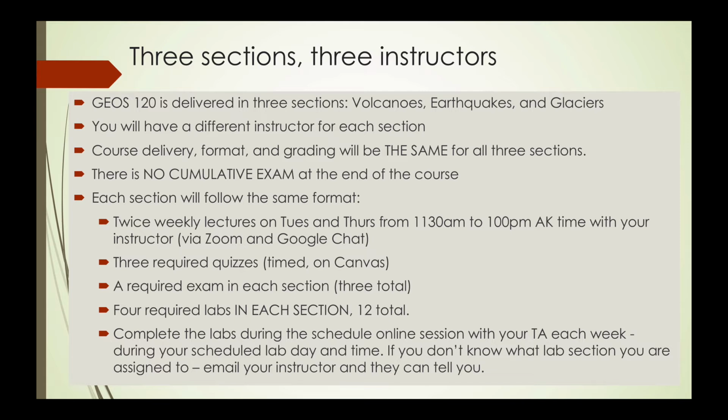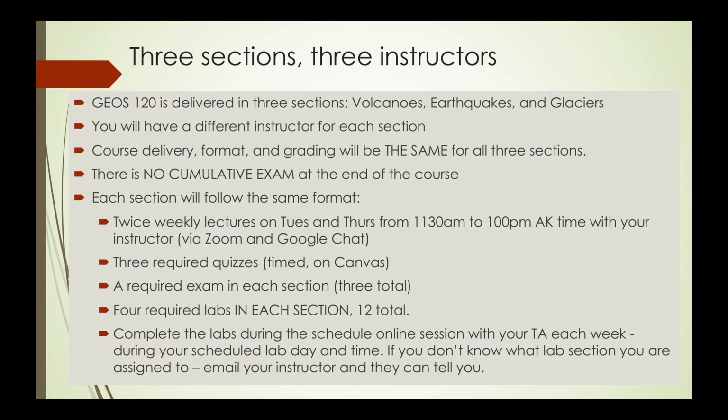Each section will follow the same format. Twice weekly lectures on Tuesdays and Thursdays from 11:30 a.m. to 1 p.m. Alaska time with your instructor via Zoom and Google Chat. 3 required quizzes. They will be timed and they will be delivered on Canvas. A required exam in each section, which will also be timed and also available on Canvas.